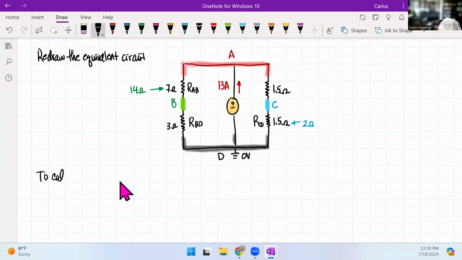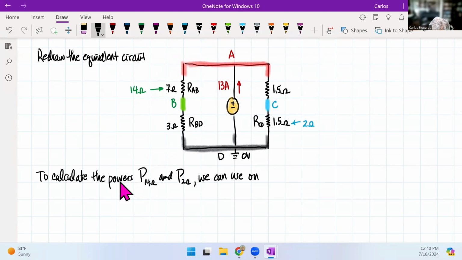To calculate the powers of the 14 ohm and 2 ohm, we can use one of 3 possible relations.